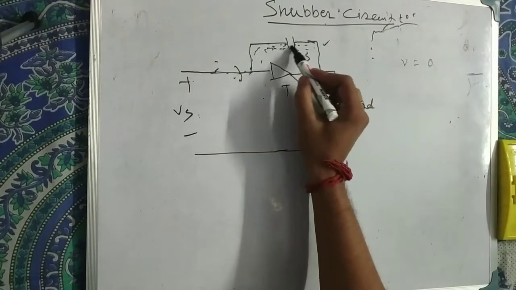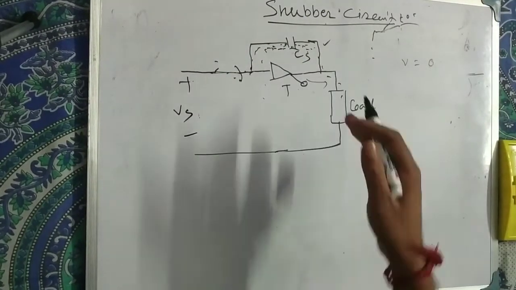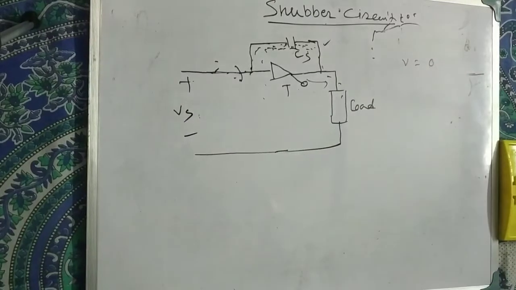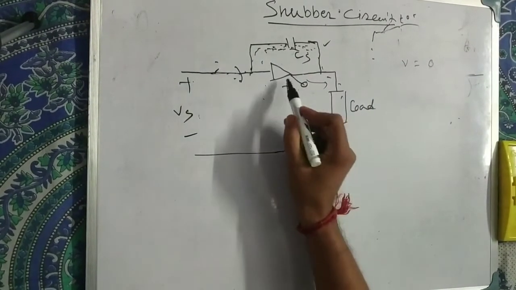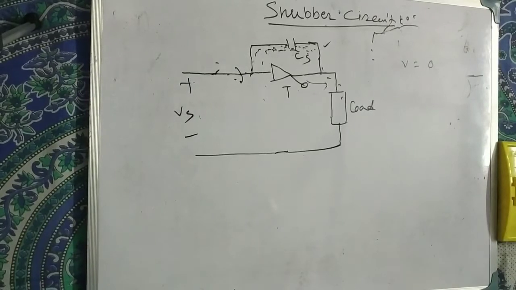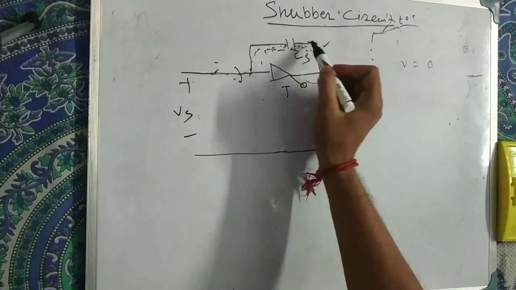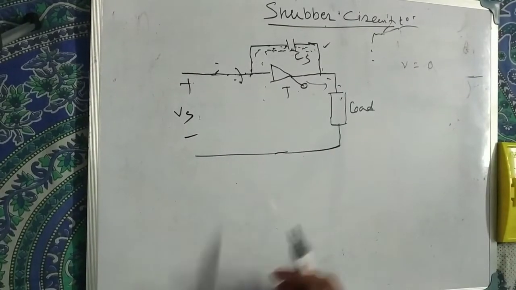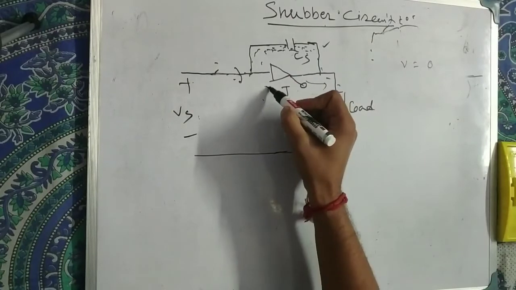So the capacitor will charge, and after 4 or 5 time constant periods, the capacitor will be fully charged. Now you want to turn on this SCR. You have that special privilege, since the SCR is not automatically turned on because of the parallel capacitance. Now what will you do? You turn on the SCR.